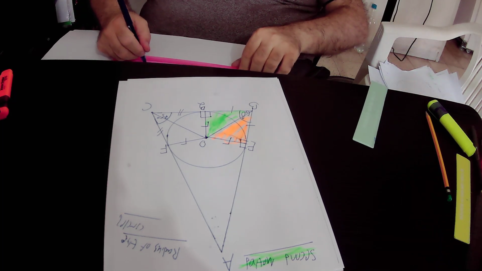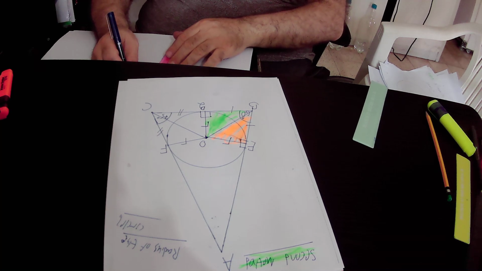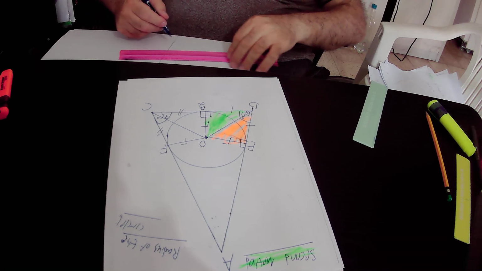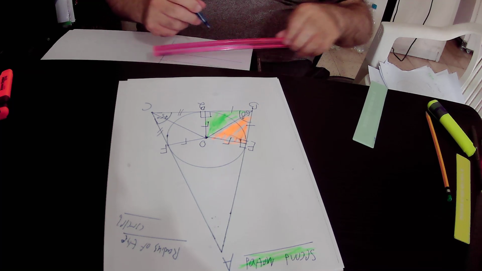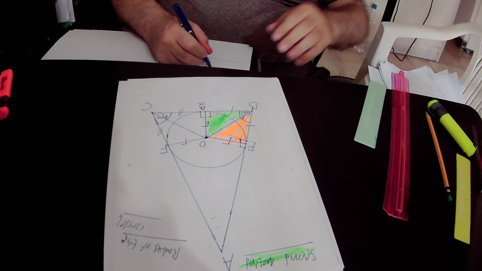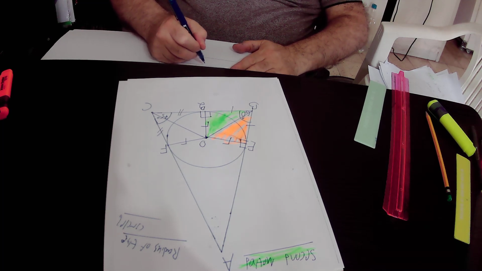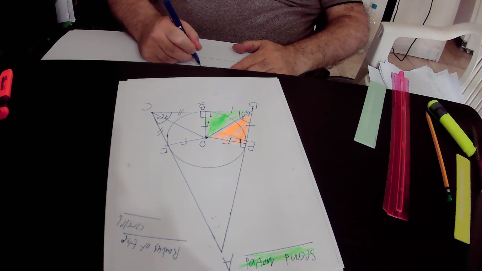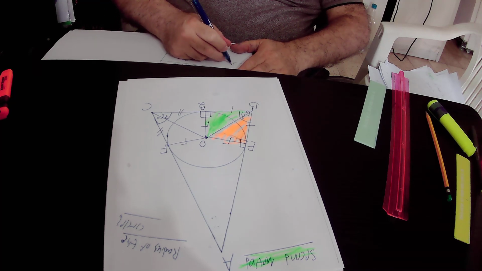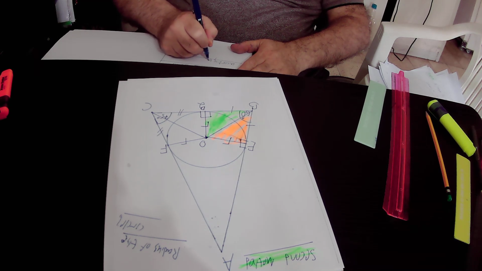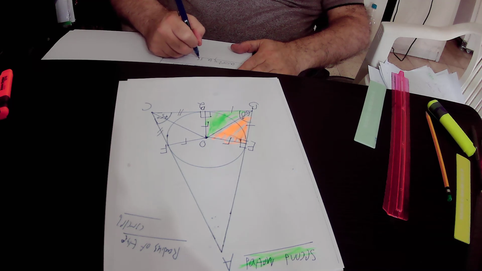So actually, we proved that the green triangle BOD is congruent to the orange triangle EOB according to side rule.